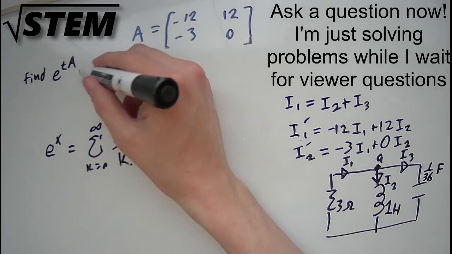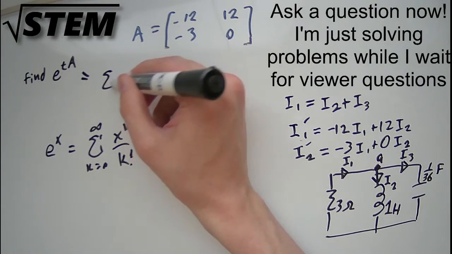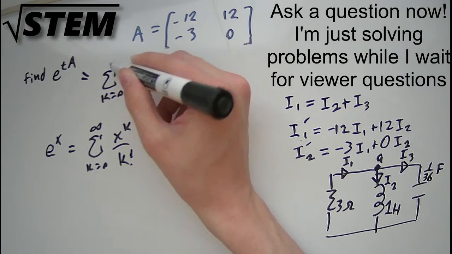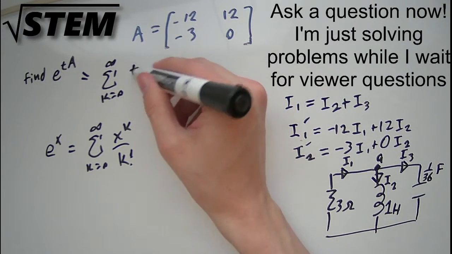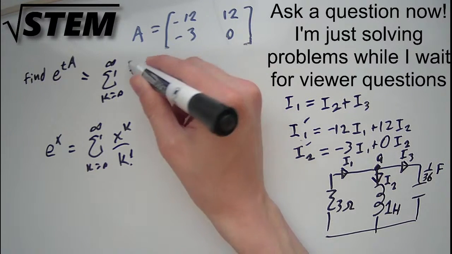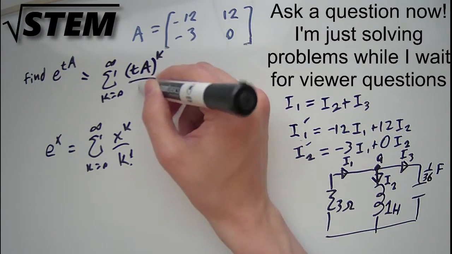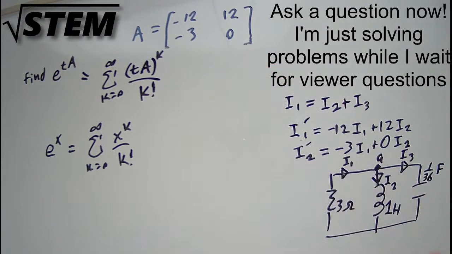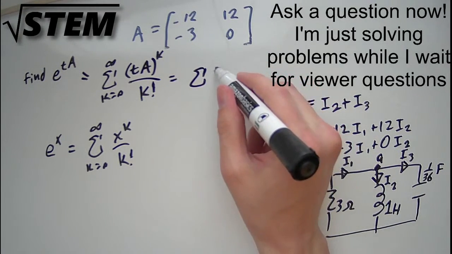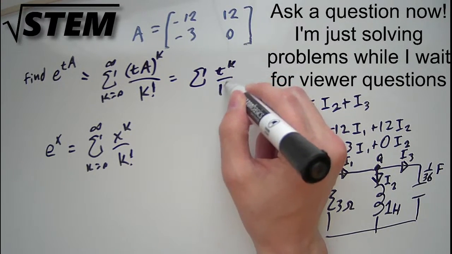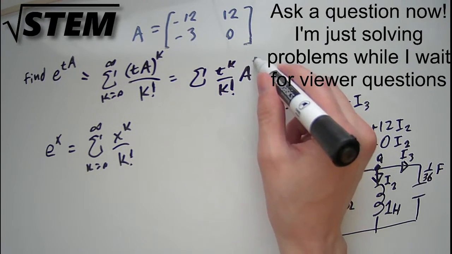And similarly, this is defined as the sum from k equals 0 to infinity of t times A to the k over k factorial. So you can even break that up and say that it's the sum of t to the k over k factorial times A to the k.